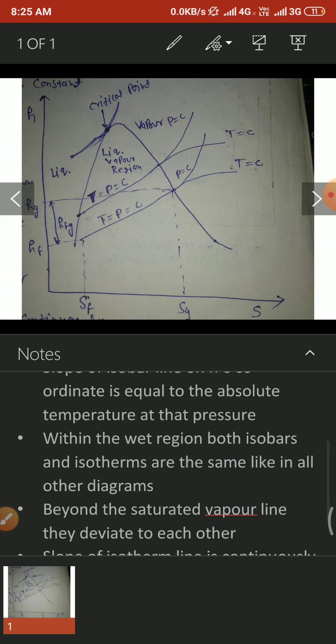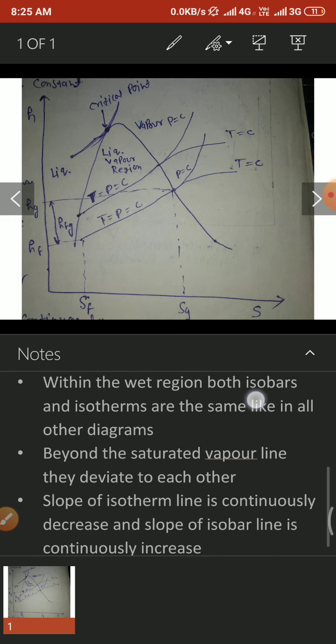Within the wet region, both isobars and isotherms are same like in all other diagrams. This is constant temperature and constant pressure. At the same pressure, the temperature line is a straight line. This line is the same straight line.